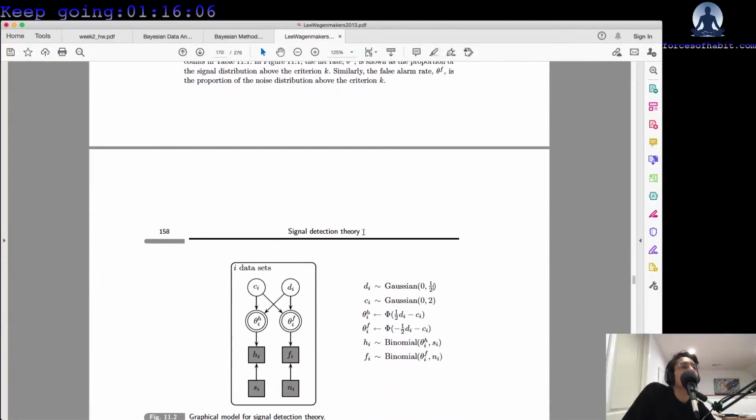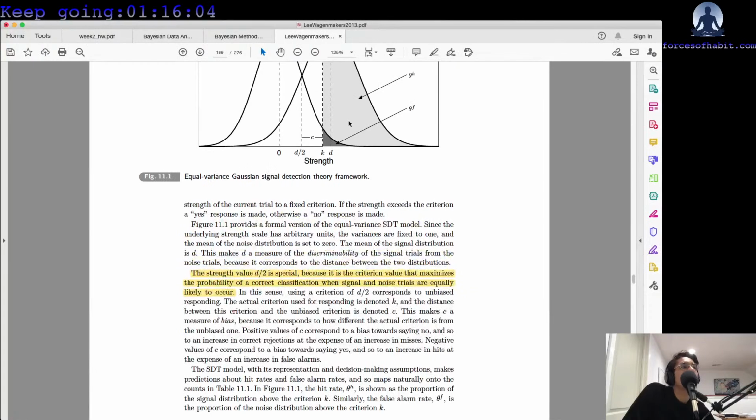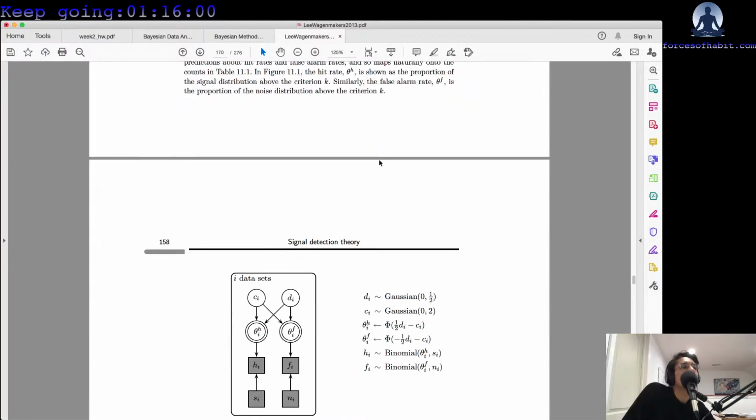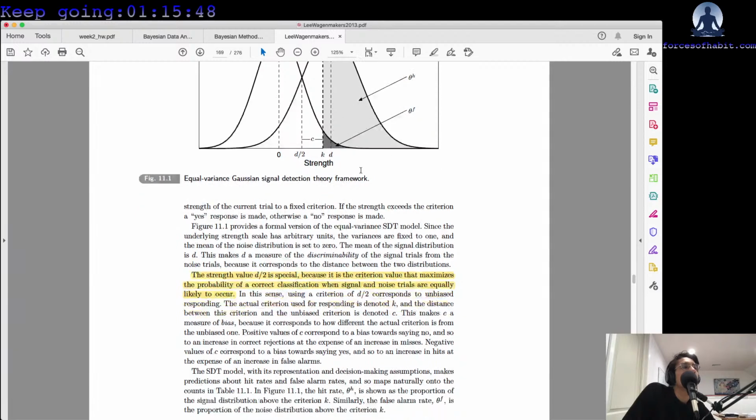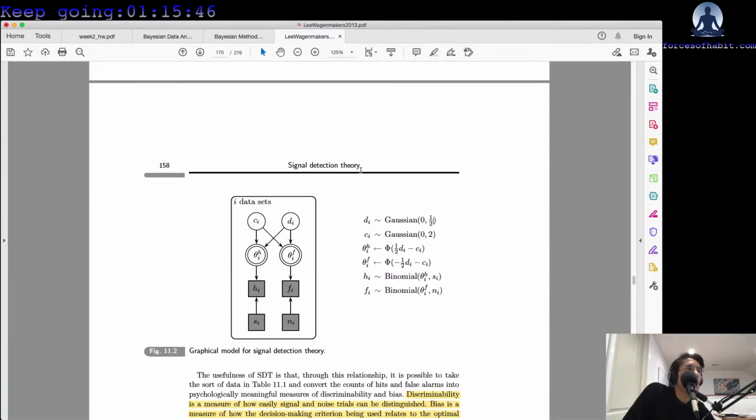So 1/2 of D is here. Minus C. D. Half D. False alarms. Negative 1/2 D is the other side, minus C. Okay.